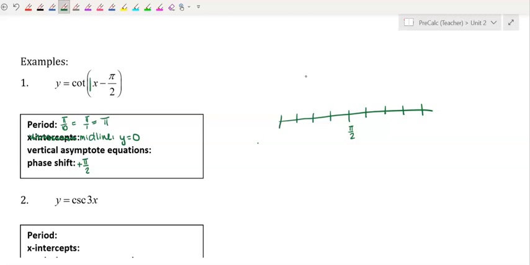Okay? The ending point right here is always going to be the same as whatever I'm starting with, my phase shift plus my period. So that one would be pi over 2 plus pi. So that's going to get me 3 pi over 2. So that's where I'm going to be ending, is at 3 pi over 2.